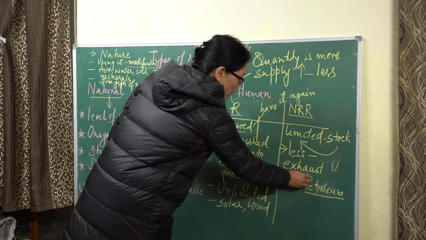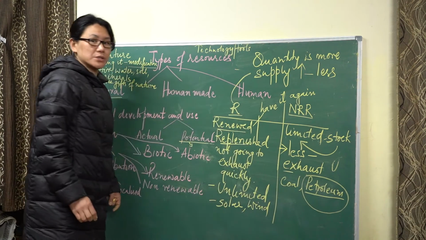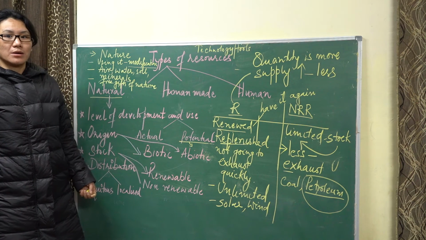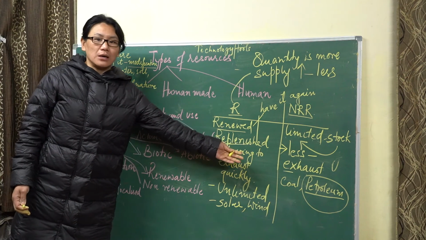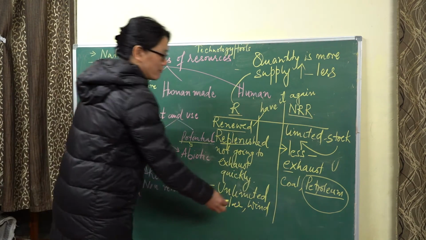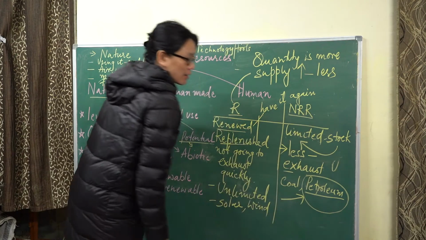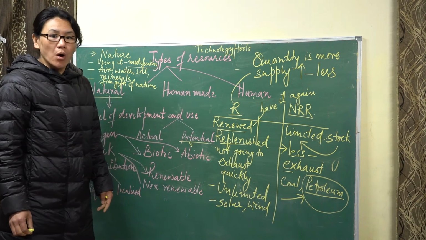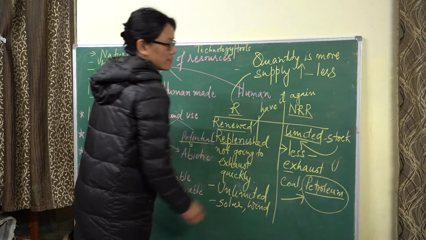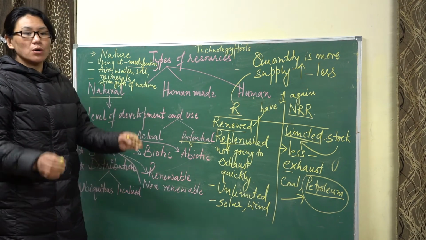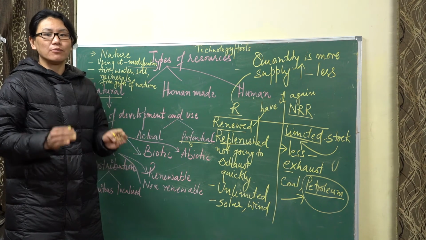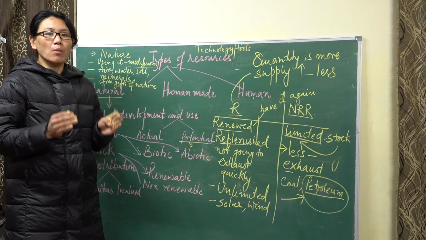Right. So nowadays we see lots of vehicles, right? And such vehicles are using petroleum, right? So if we are using this petroleum more, then as I said before, such resources are limited in stock. So the quantity is depleting if we are using more and more petroleum.